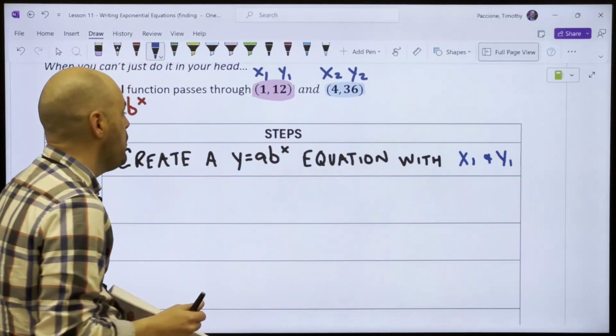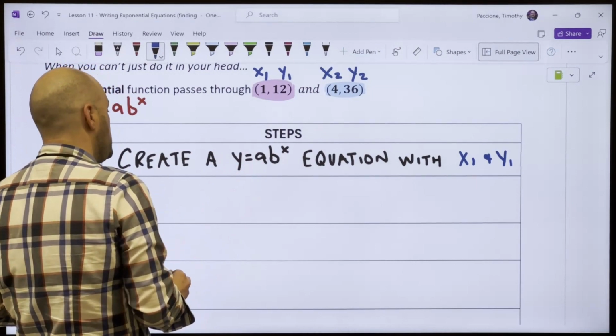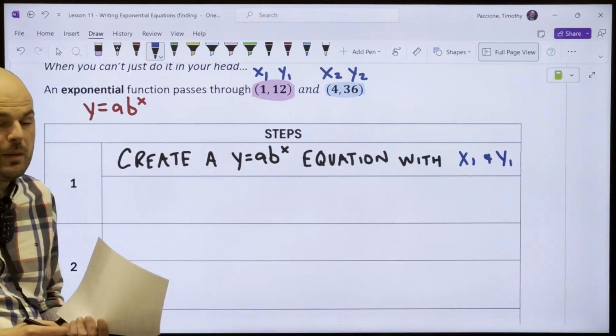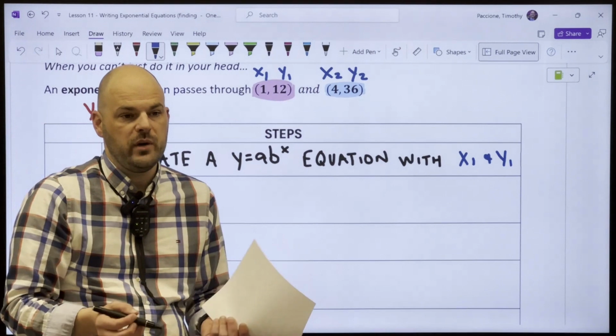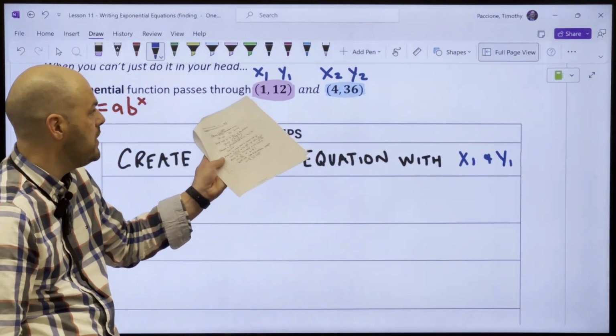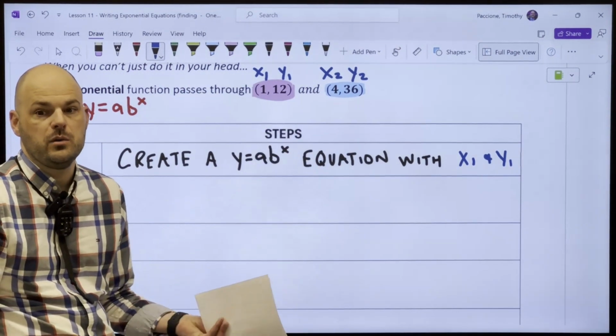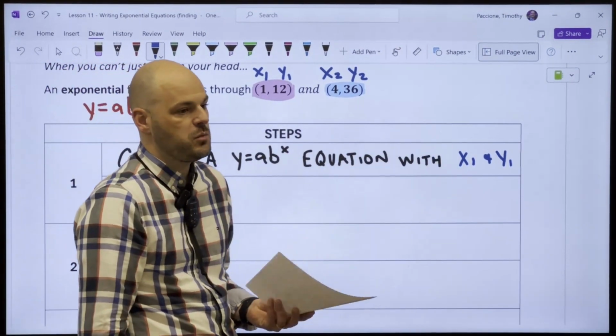What do I mean by that? Well, it's y equals ab to the x, right? So typically we plug in our a and our b to get our equation. We don't know either of them, right? What were we given? We were given x's and y's. Well, we're going to work with what we got. We'll plug those in, right? And we're going to start with x1 and y1.